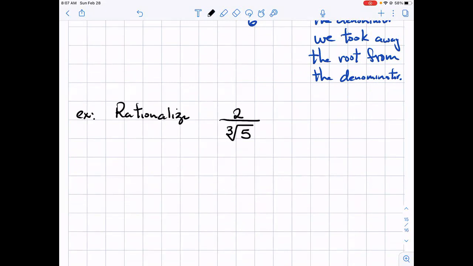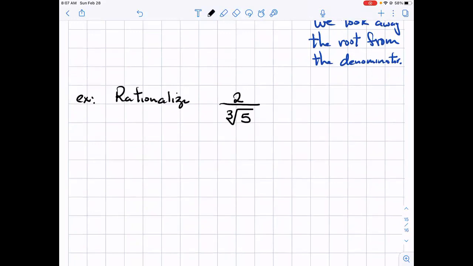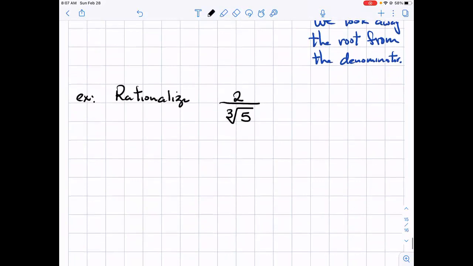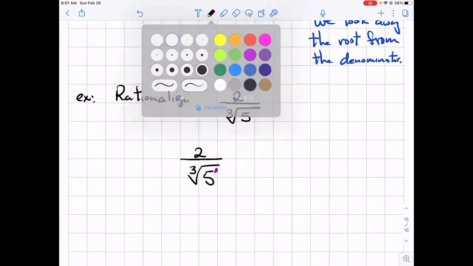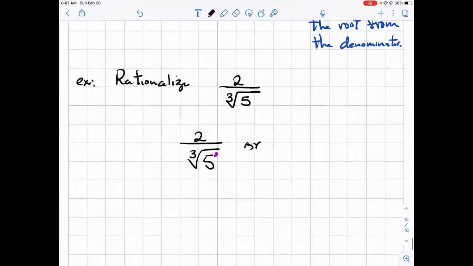Okay. Now we have to be careful. We have to be very careful, because remember here, 2 over the cube root of 5, there is a 1/3 power here. Or we can write this as 2 over 5 raised to the 1/3 power, right?